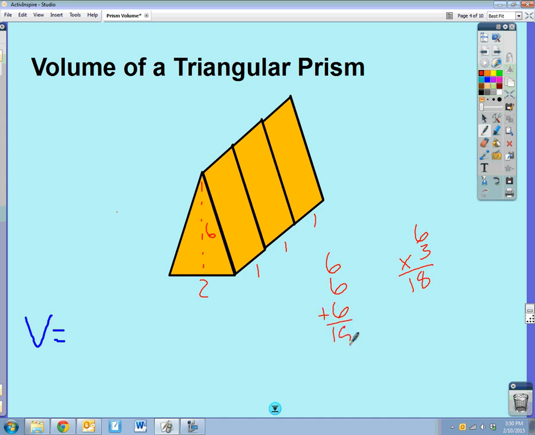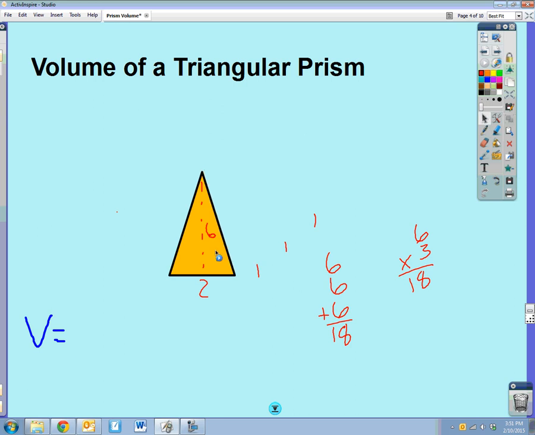And so we're going to do the same type of thing. We're developing this formula in the very same way. All our prism formulas are going to be built in a very similar fashion. We're going to start with our basic shape, the triangle. And we can find the area of that triangle by doing base times height divided by 2. That's that big B, that basic shape.